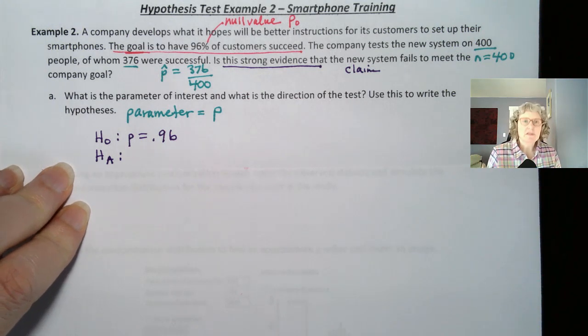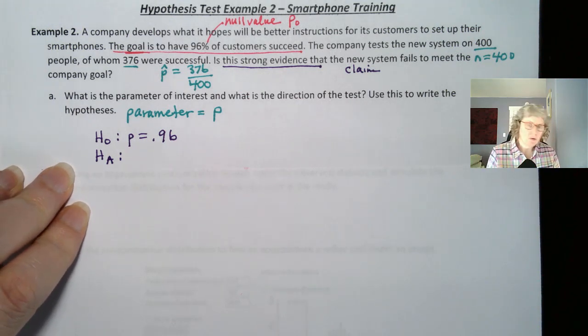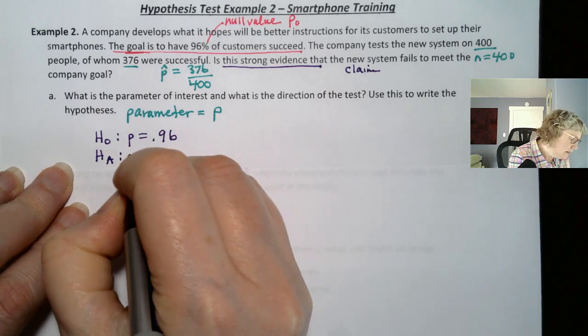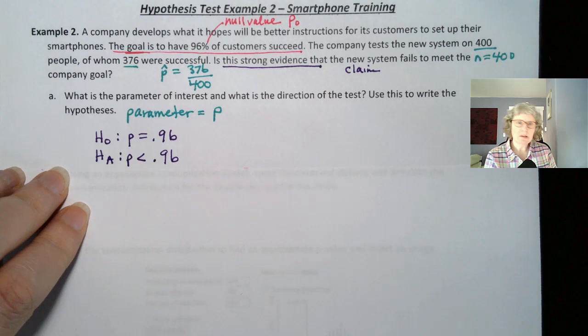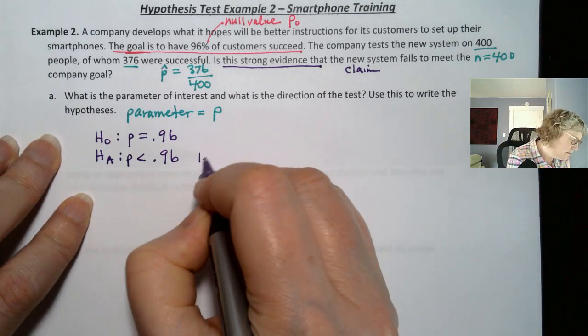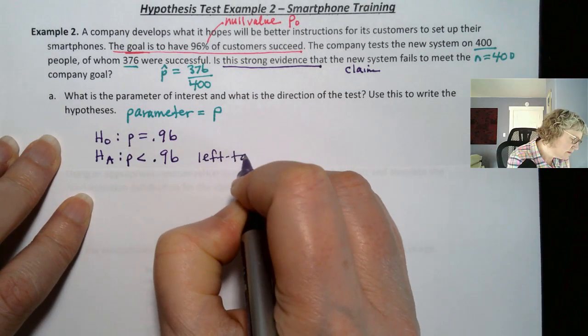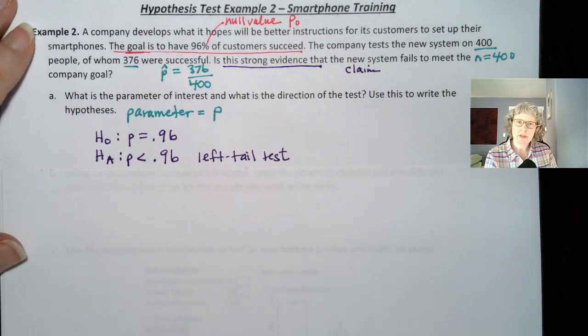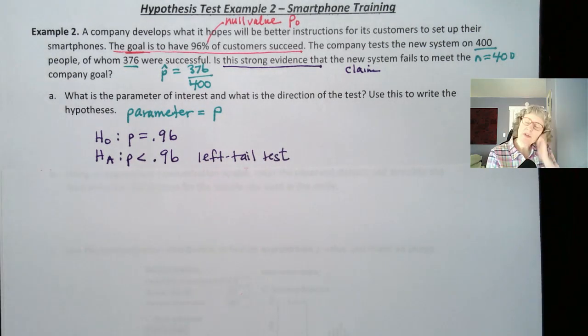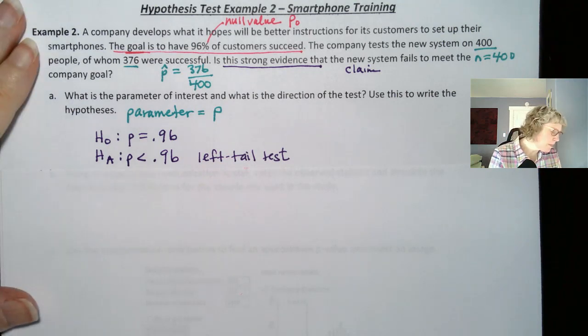Fails to meet a goal would be less than that goal, so that would be p less than 0.96. So this is a left tail test. We did a right tail before, and I wanted to show you a left tail.